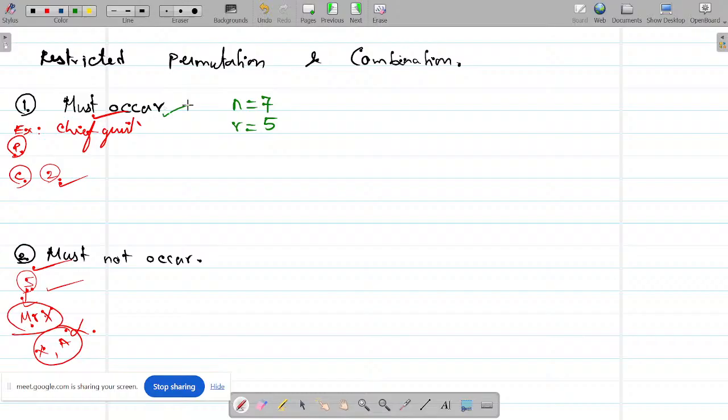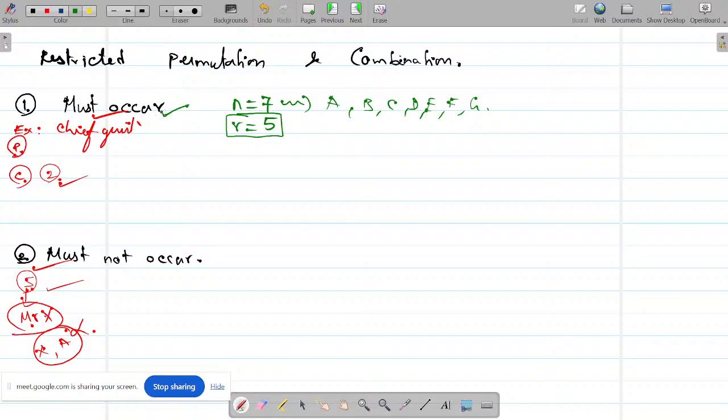This is the must occur case. This N is equal to 7 is 7 different persons, A, B, C, D, E, F and G. I need to arrange the tables where only 5 persons will be arriving. And this chief guest has already arrived, so he must be there.